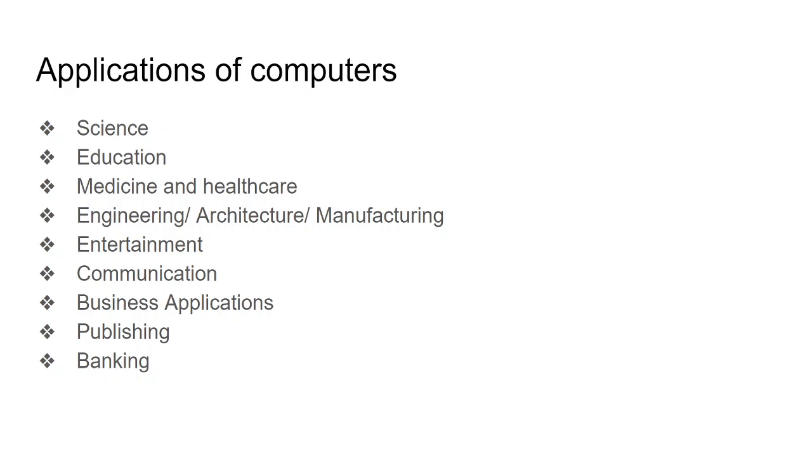When we say science, it is used to develop theories or some scientific analysis to be carried out, or it can be used even to generate a detailed study of, for example, how the earthquake occurs, or if the earthquake occurs, how the building is affected, how the weather patterns are, and how the pollution affects the weather patterns. All these things are related to science and where computers are used.